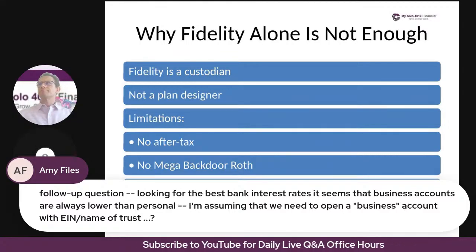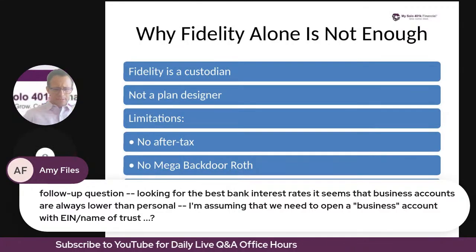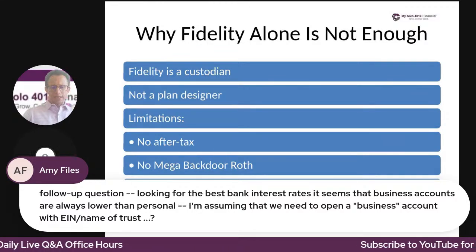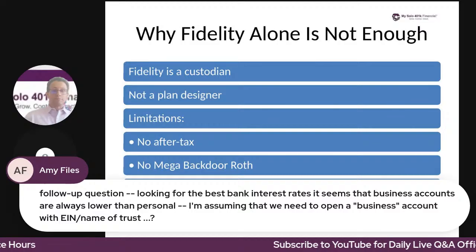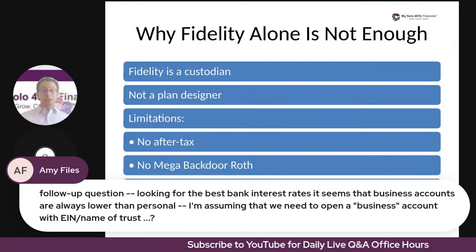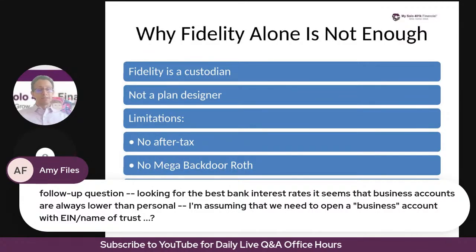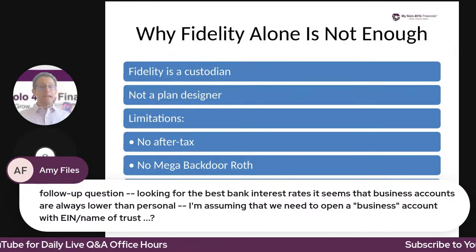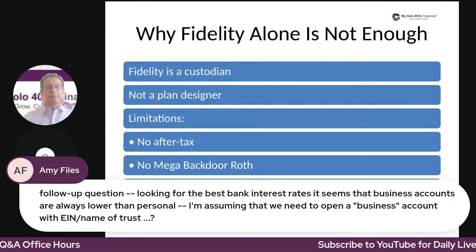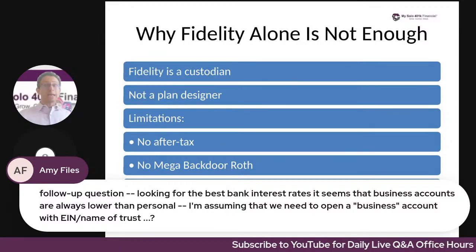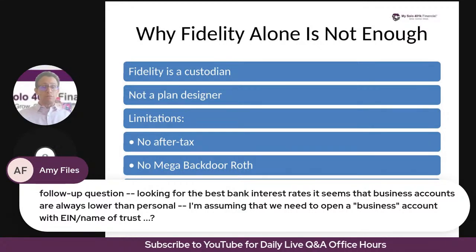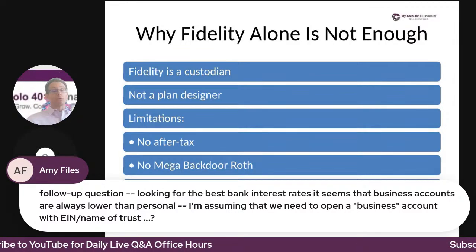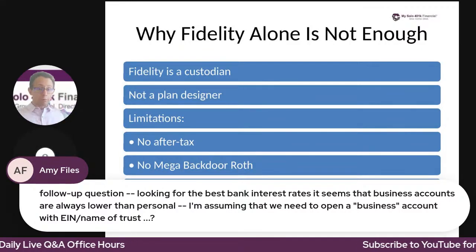As I'm digging this up, the bank account for the solo 401k doesn't matter whether it's a personal bank account or a business bank account. What does that mean? It needs to be titled in the name of the solo 401k plan. As long as that bank account is titled in the name of the solo 401k, and the bank or credit union uses the EIN number for the plan for reporting purposes.